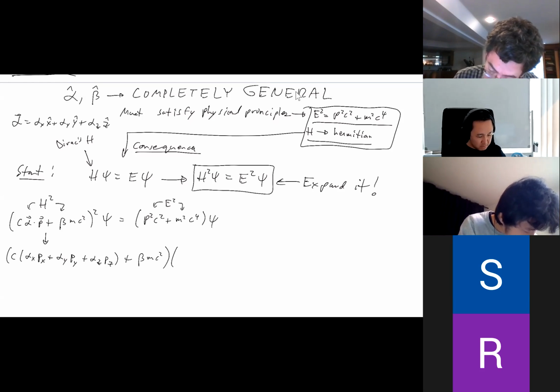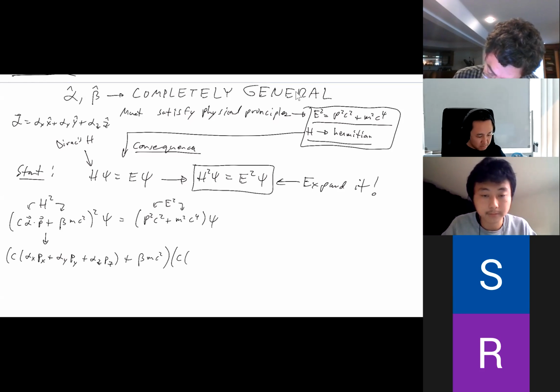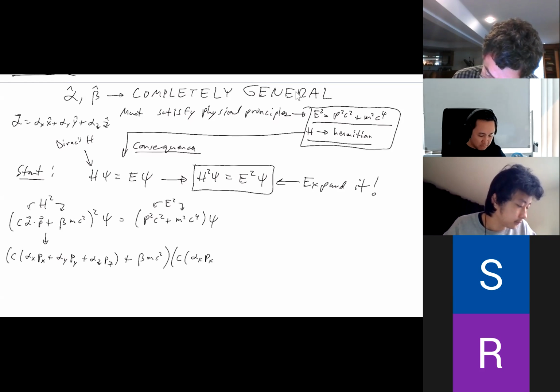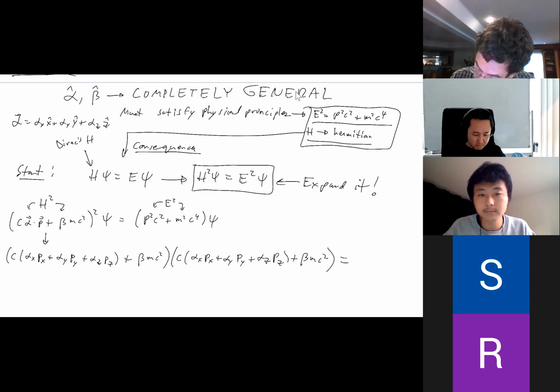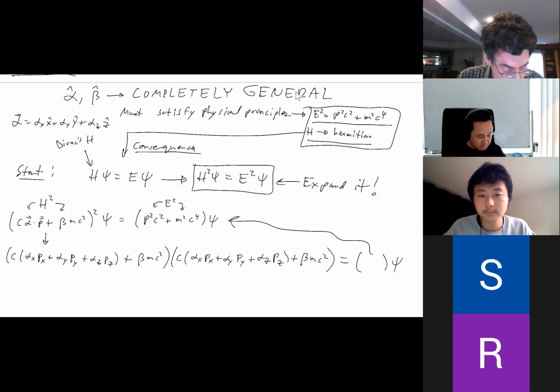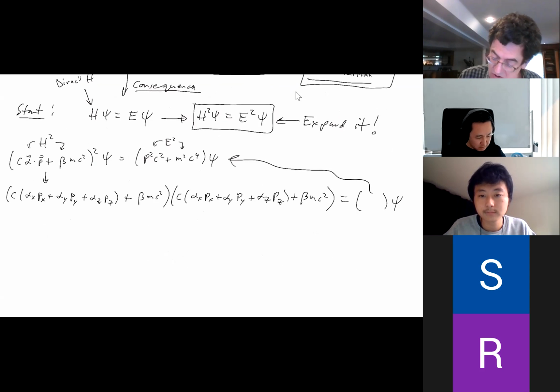And now let's multiply it again times c alpha x px plus alpha y py plus alpha z pz plus beta mc squared, equal to psi. Okay? And so now we have to multiply those two things. So you see why there's a lot of math here.